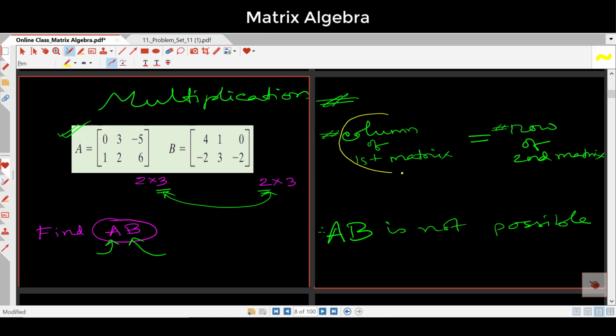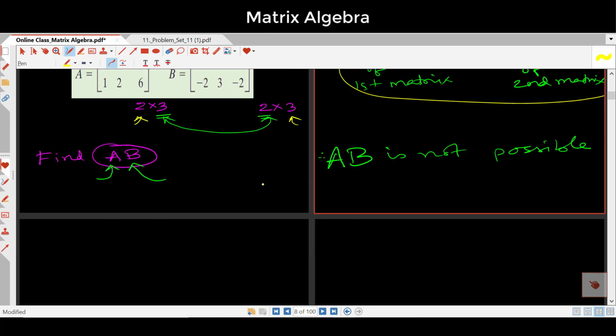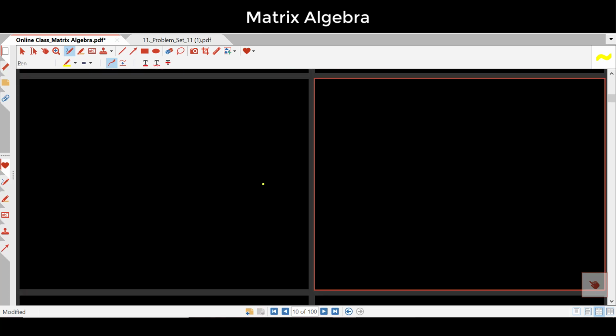Then what will be the new matrix order? So what will be the order of the new matrix AB? That will be the row of the first matrix by column of the second matrix. You will understand what I mean to say if we solve one problem.